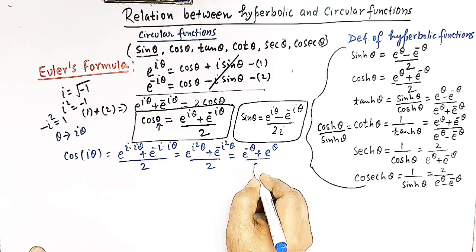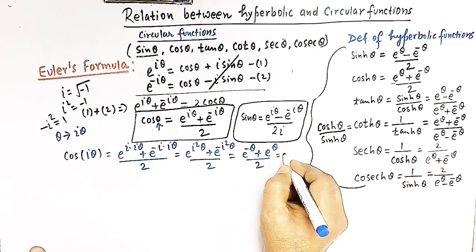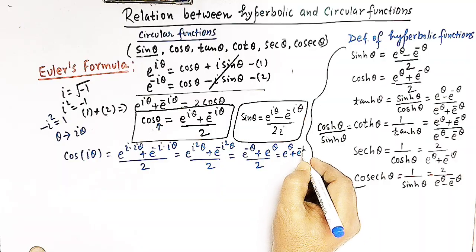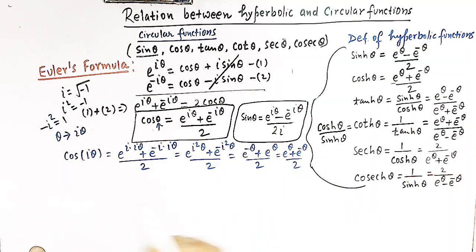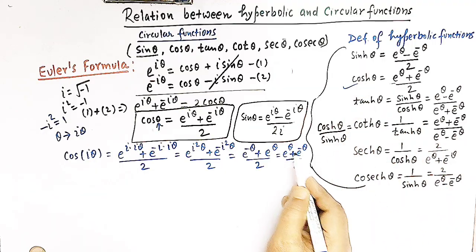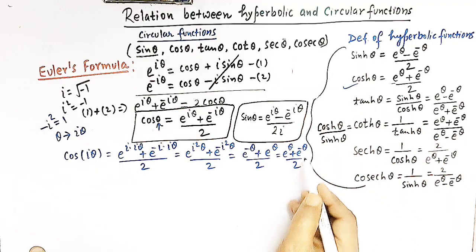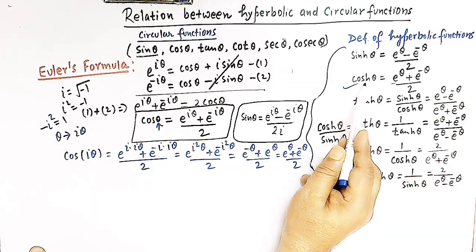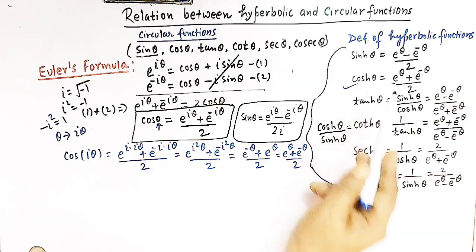And here we have 2, so this can be written as e raised to theta plus e raised to minus theta over 2. And we can easily see that e raised to theta plus e raised to minus theta over 2 is equal to the hyperbolic cosine of theta.